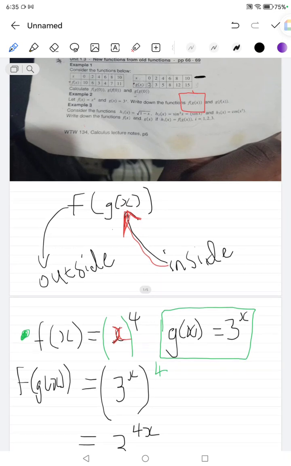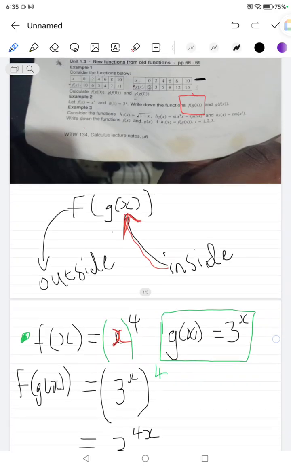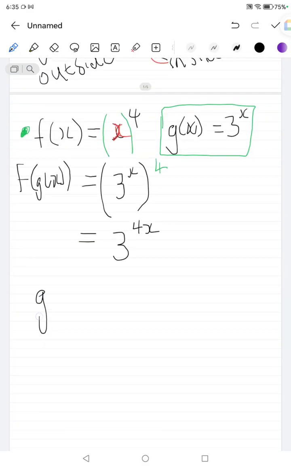They say write down the function f of g of x and g of f of x. So now the tables have turned. They want your g of f of x. So outside, what do we have? We have our g, which is our 3 to the exponent x.